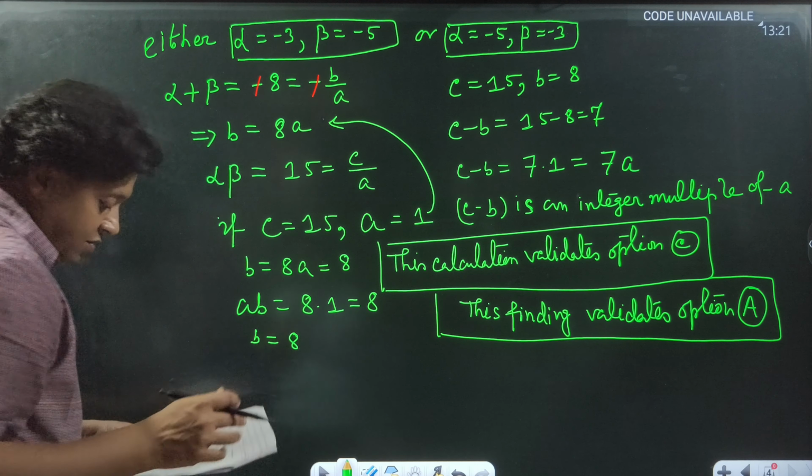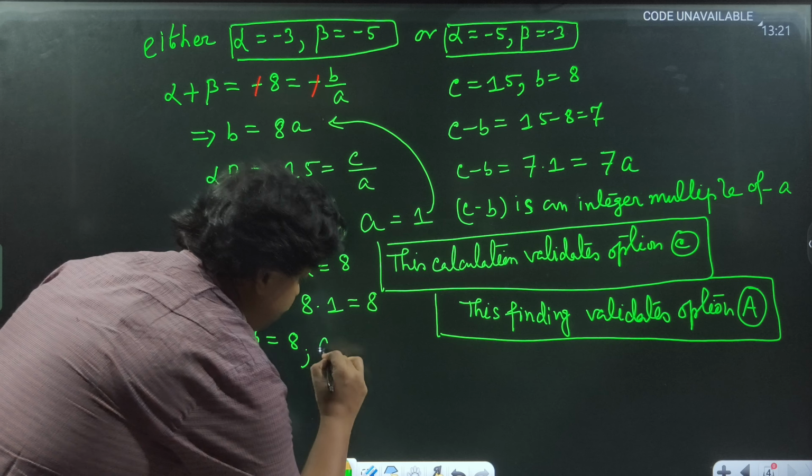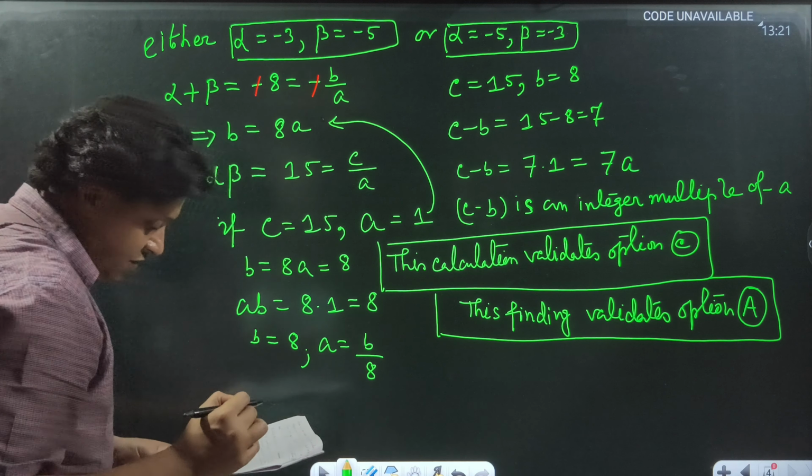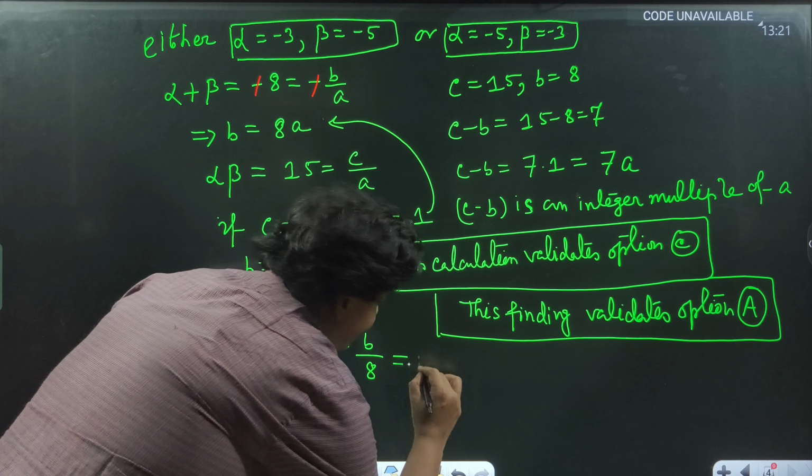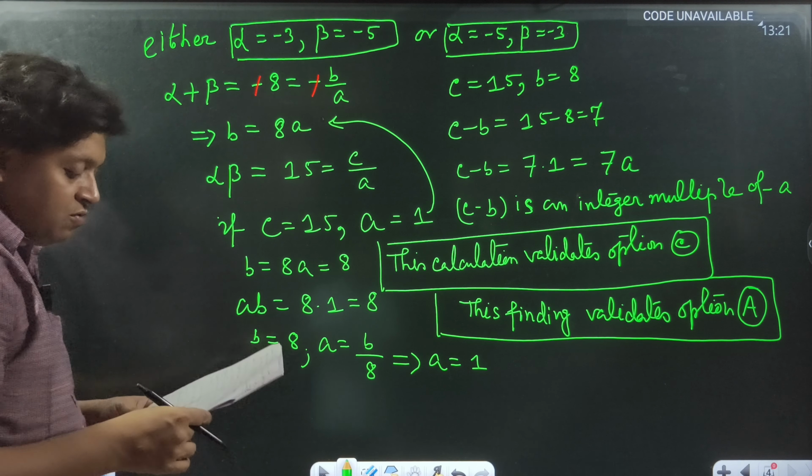B is equal to 8. Then A equal to B by 8. And this would automatically imply A is equal to 1, which we knew.